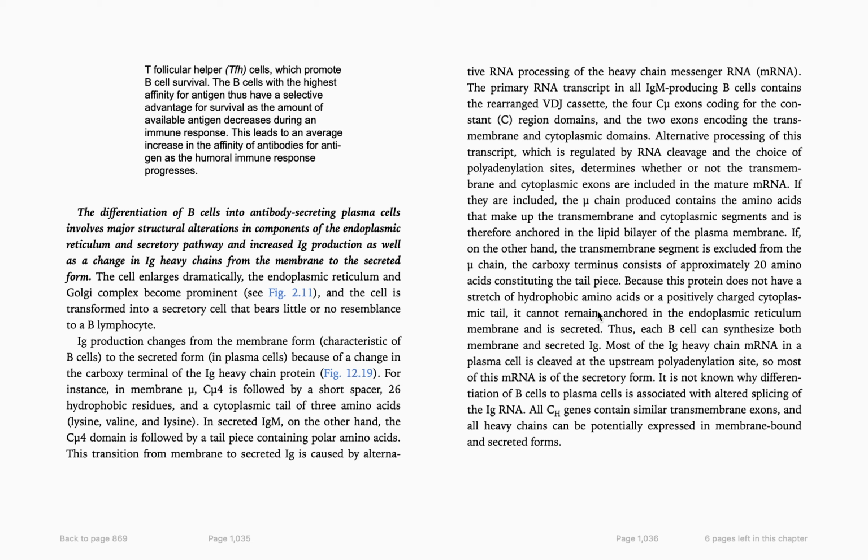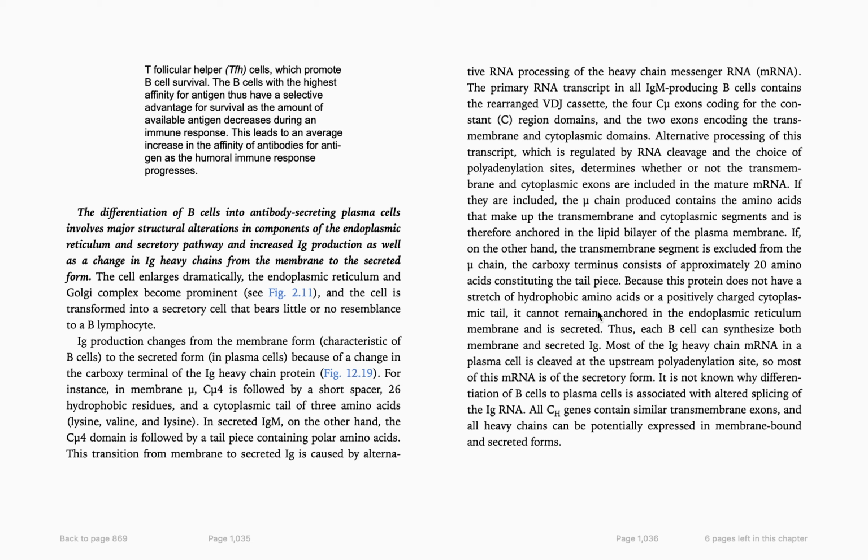The cell is transformed into a secretory cell that bears little or no resemblance to B lymphocytes. Ig production changes from the membrane form, characteristic of B cells, to the secretory form in a plasma cell because of a change in the carboxyl terminal of Ig heavy chains.